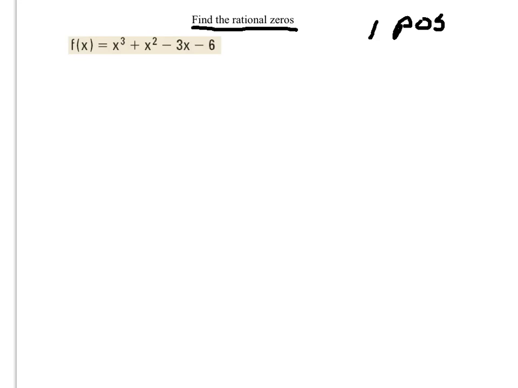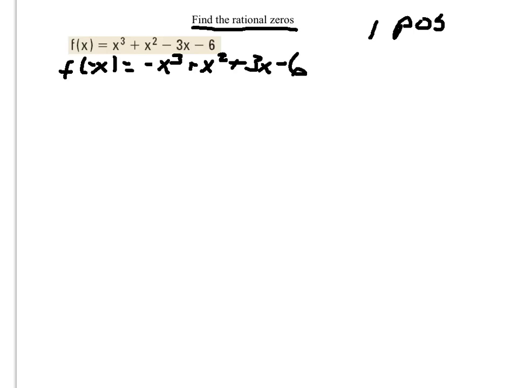All right, and then if we were to find f of negative x, to figure out how many negative zeros we should expect, we would have negative x cubed plus x squared plus 3x minus 6.